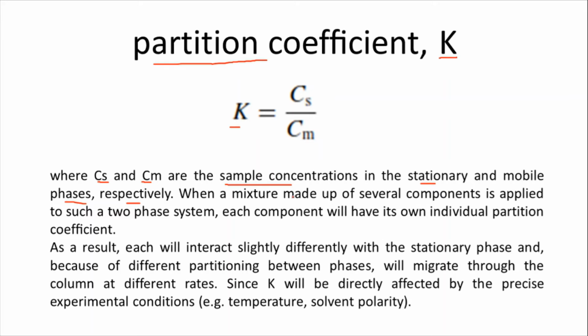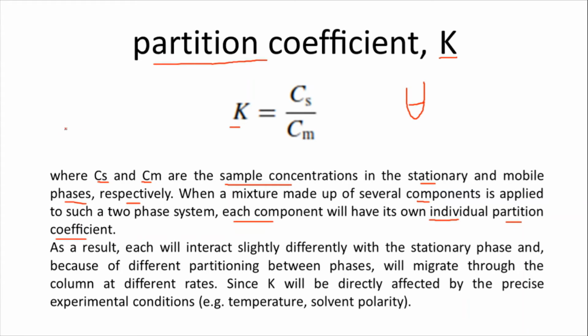When a mixture is made up of several components, suppose your mixture contains two, three, or five components, it is applied to the stationary phase, followed by mobile phase interaction. Each component has its own partition coefficient.